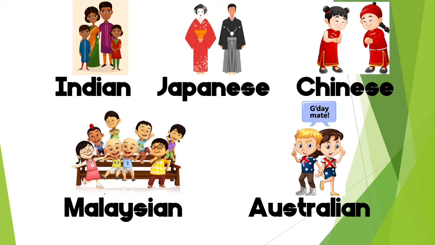Okay, don't be mistaken between bangsa and warga negara. Here we can see Darjit is Punjab or Indian. So usually this is Punjab. So Darjit over here, whether he is an Indian or a Punjab, since he is born in Malaysia, he is a Malaysian. Okay, and over here we have Australian. So people who were born in Australia is an Australian.